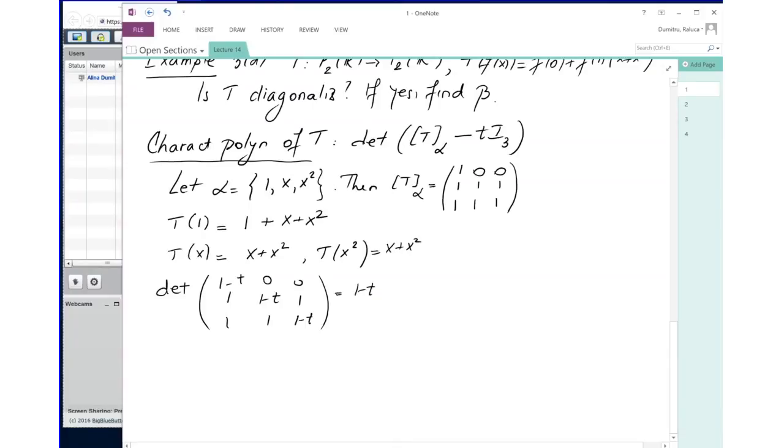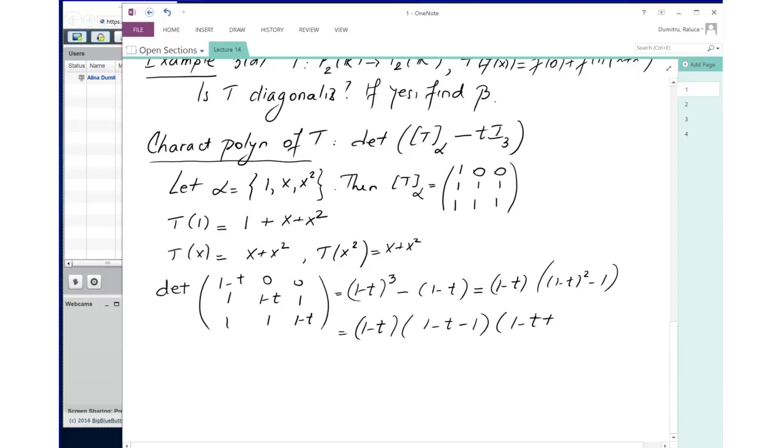Let's see what this is. (1 minus T) cubed plus 0 minus 0 minus (1 minus T). And that's it. So let's factor it. So you have (1 minus T minus 1)(1 minus T plus 1), right?